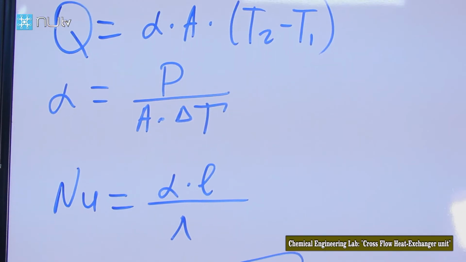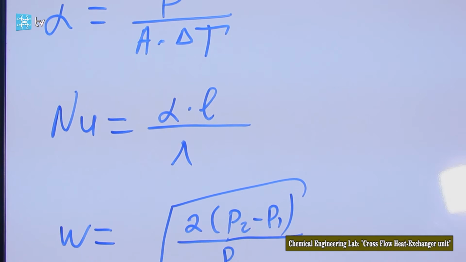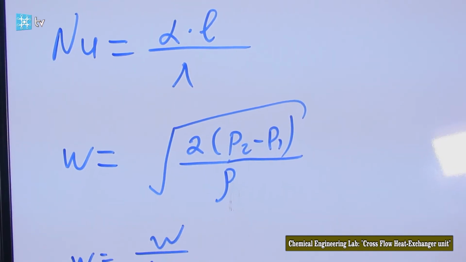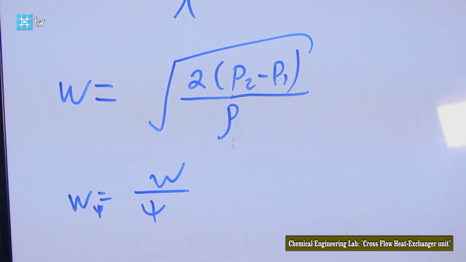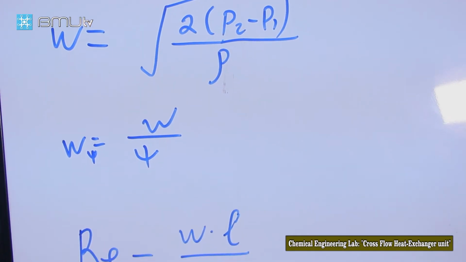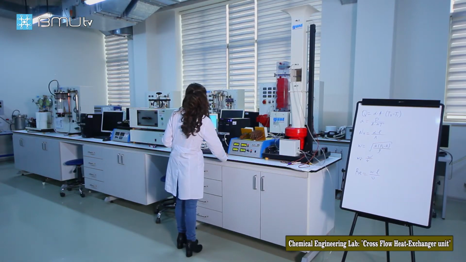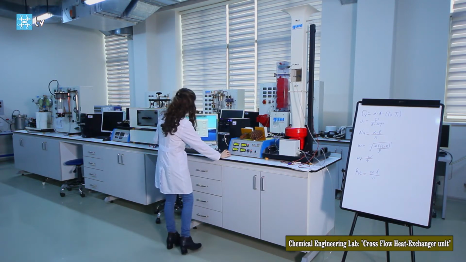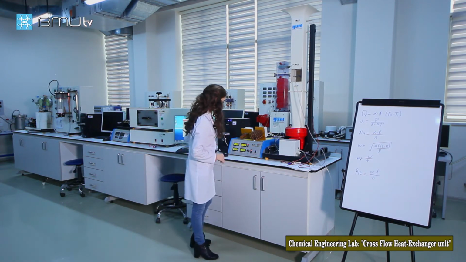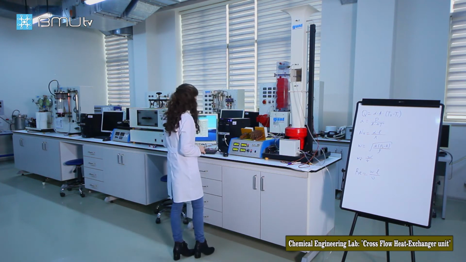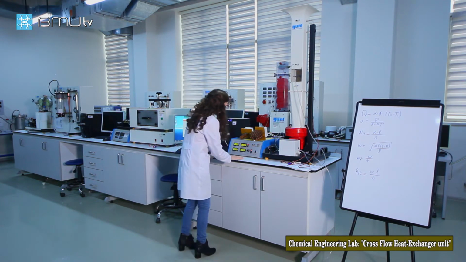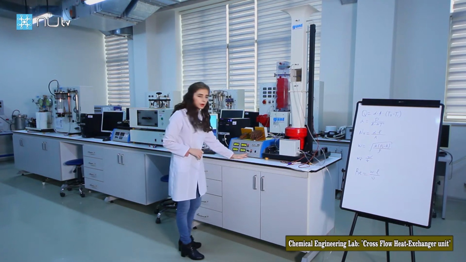However, this computer software can calculate this also. So at the end, the students can compare their results with the values on the computer software. And now we can give the power value.